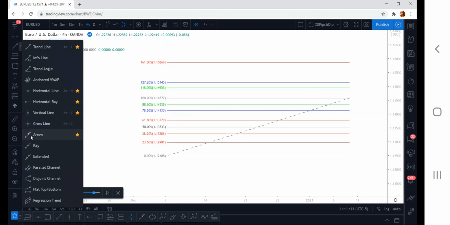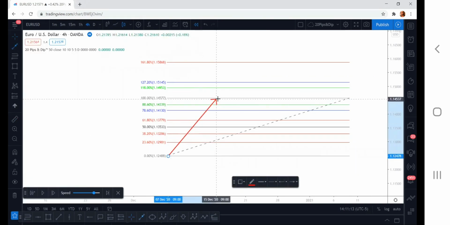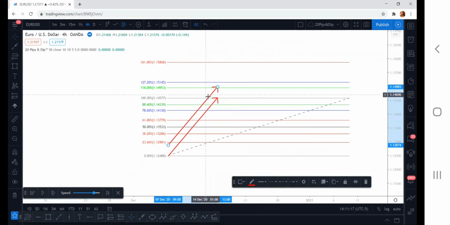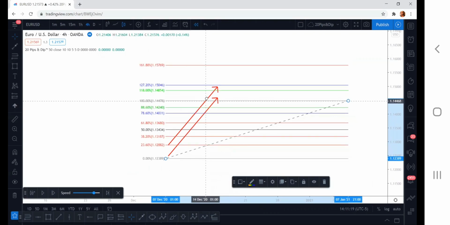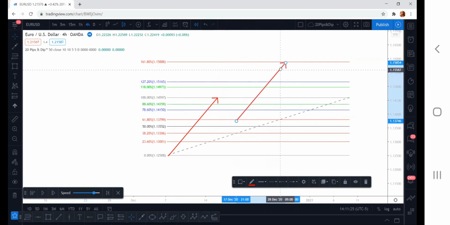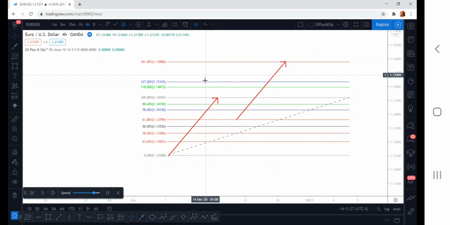Also understand, again, that this 100% move, from the 61.8 to the 161.8 is the equal measured move. So we can almost measure out what our take profit is going to be based off of this original move, this original swing, rather.